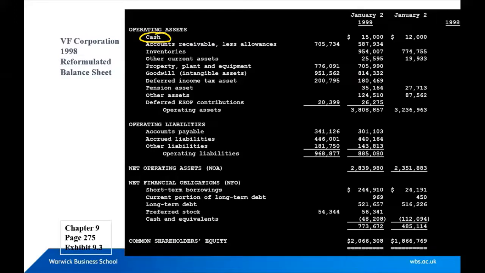But when you see that cash has been mentioned and also cash equivalent has been mentioned, these two items together, in that case, how much of the cash you need to consider as investing, or how much you need to consider as operating.